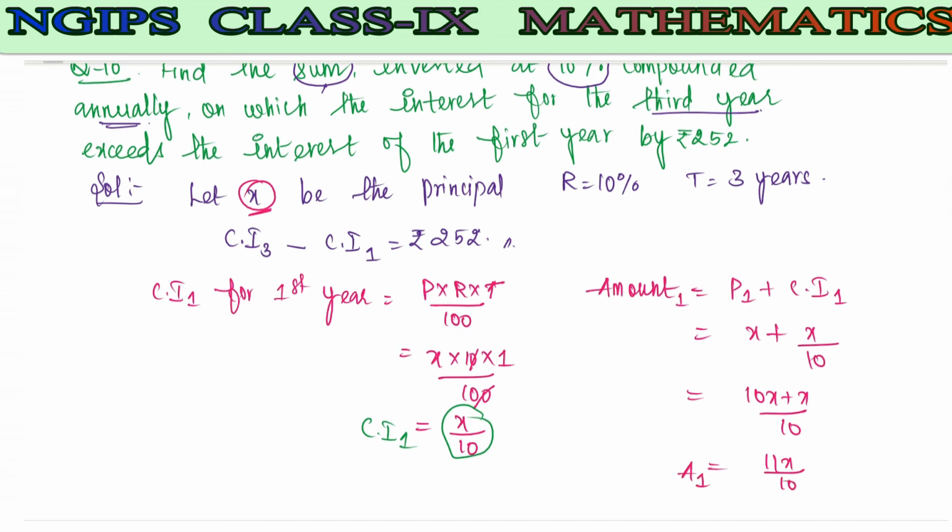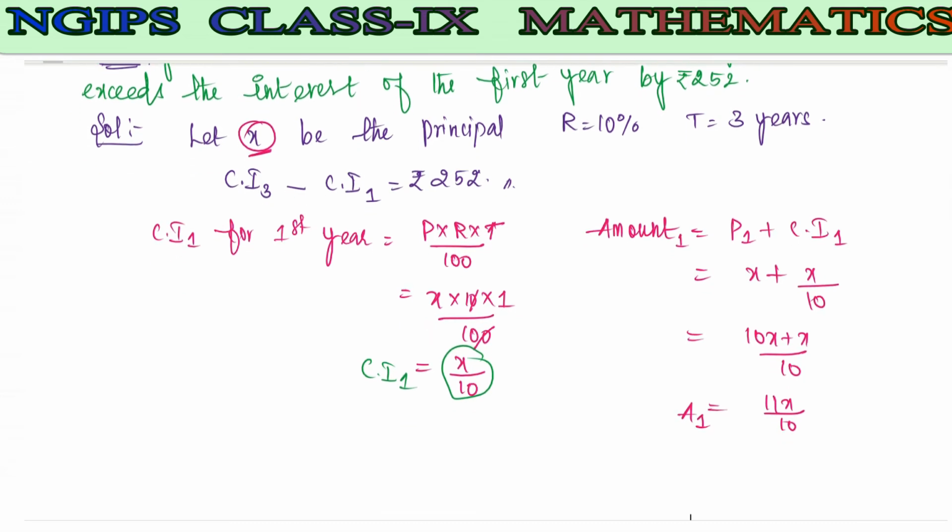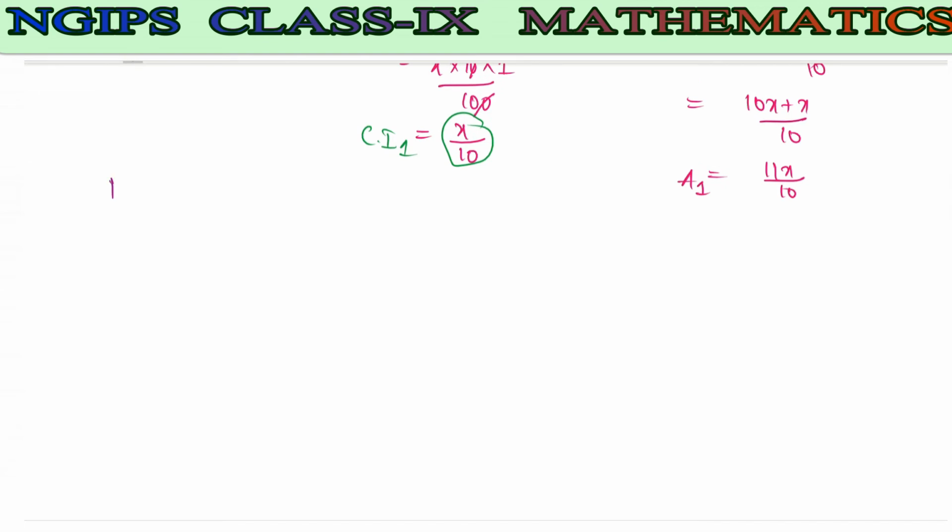Now we are going to calculate the compound interest for the second year. For the second year, compound interest is equal to second year principal into rate into time divided by 100.